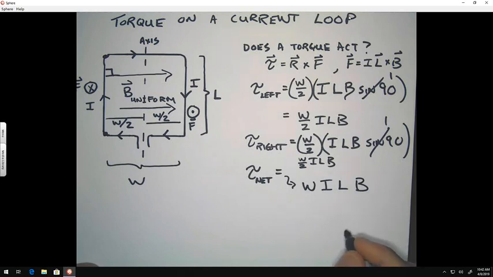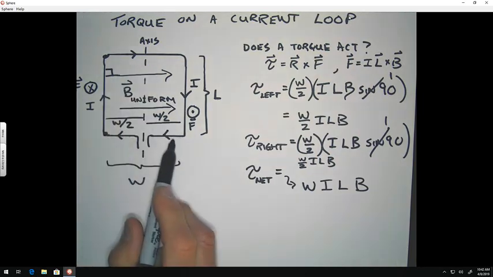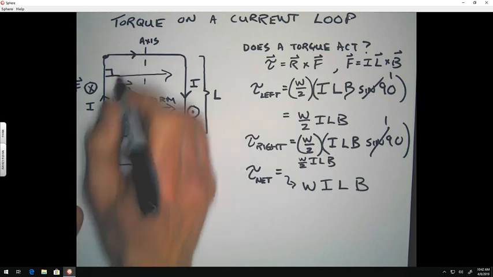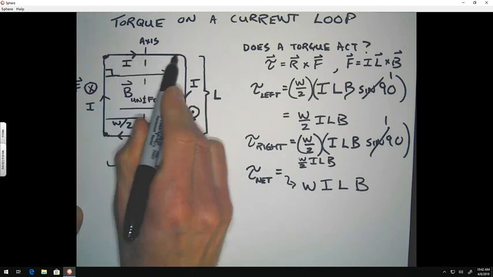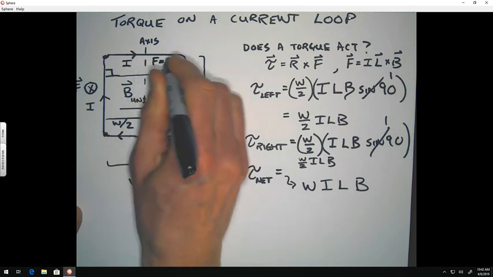Okay. Now, before I do anything else with that, you might be wondering, well, what about the top segment of the loop? What about the bottom segment? If you do a quick analysis with that, you'll see that there shouldn't be any force, because the current in the top section is parallel to the magnetic field. So there is no force from the top section.